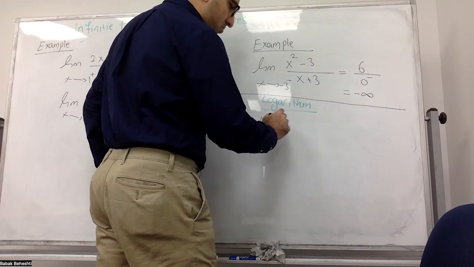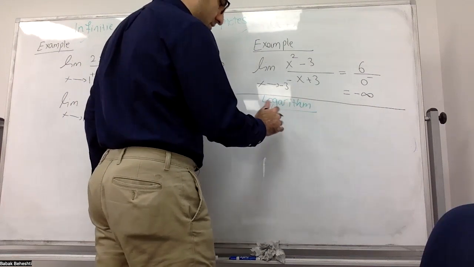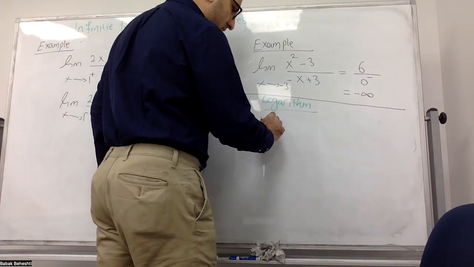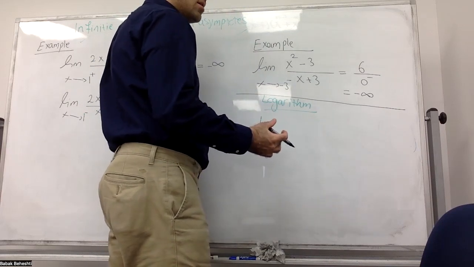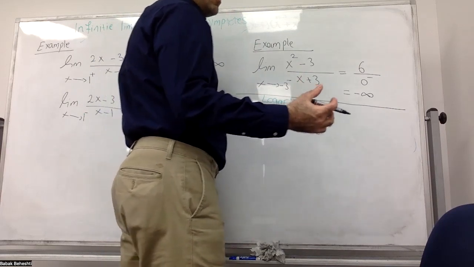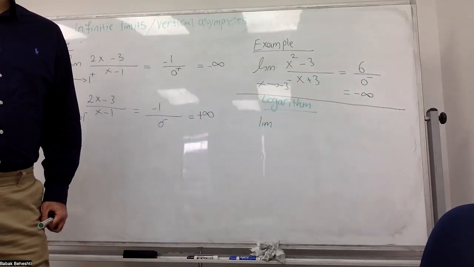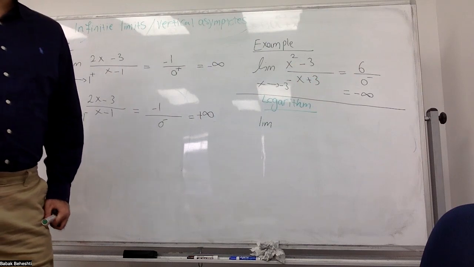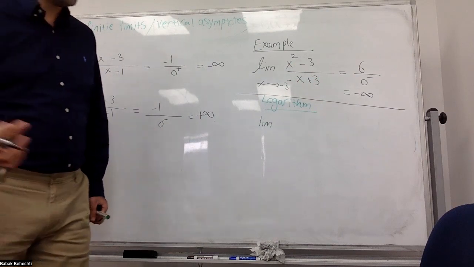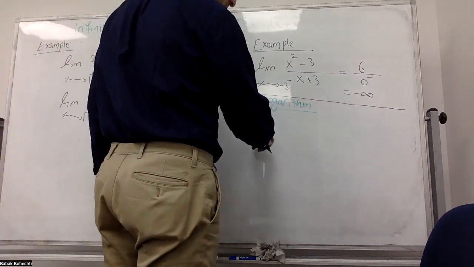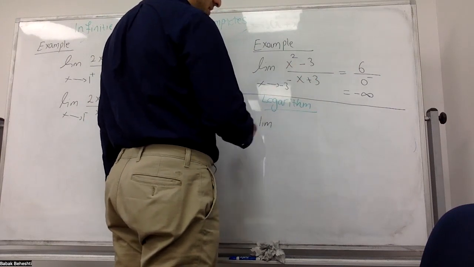Here I just put ln, but this is true for any logarithm, as long as the base is greater than 1, like the natural logarithm, whose base is e, close to 2.7. Or you can have log with base 2 or log with base 10. As long as the base is greater than 1, this formula is valid.